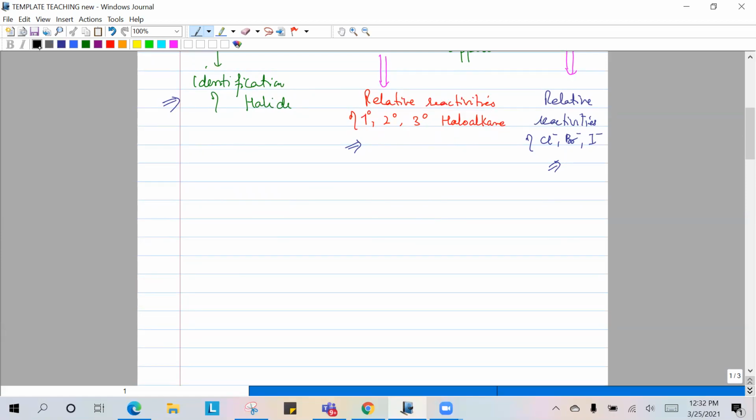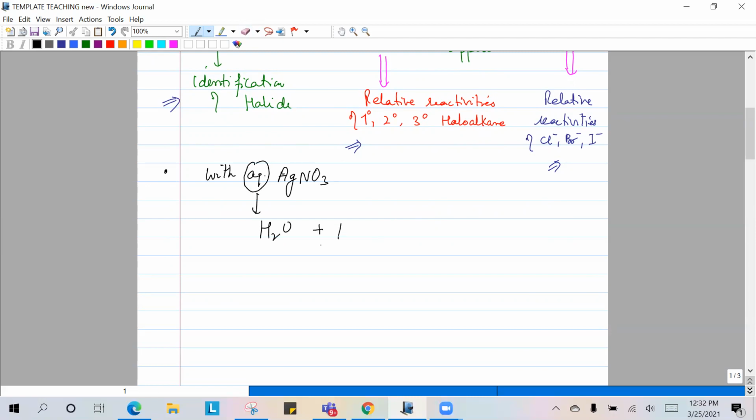One important thing before we move further: we should remember that with aqueous silver nitrate, you are adding water.